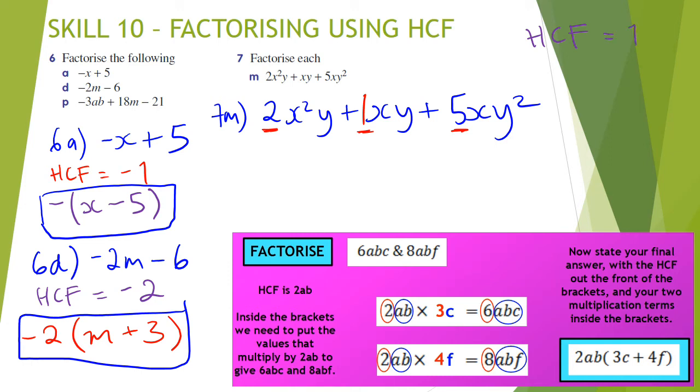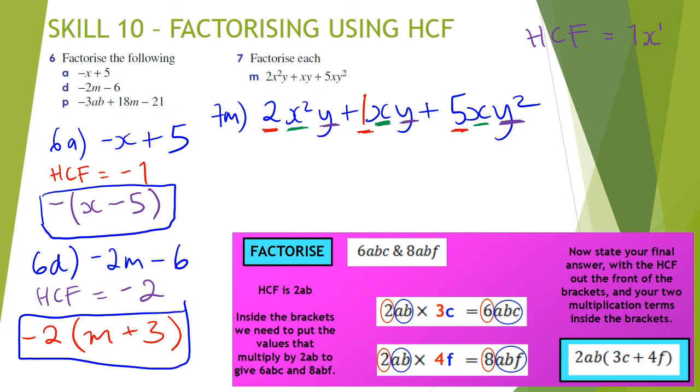And then we're looking for common letters now. So any common letters, there's x squared, x to the power of 1, and x to the power of 1. So let's only put in x to the power of 1 because we always choose the lower power. And then if we look at the y's, we've got y to the power of 1, y to the power of 1, and y squared.